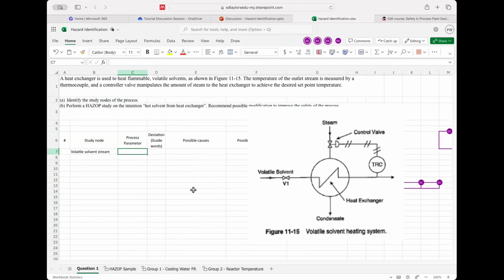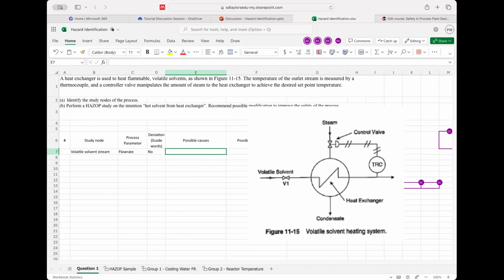So the first process parameter, when we look at this, is definitely the flow rate. When we talk about flow rate here, of course we want to say no flow rate. What potential causes no flow rate?